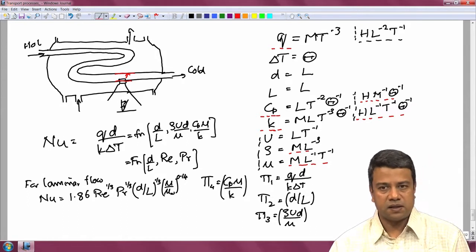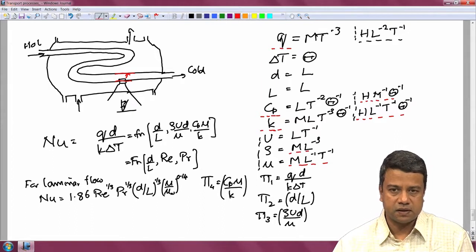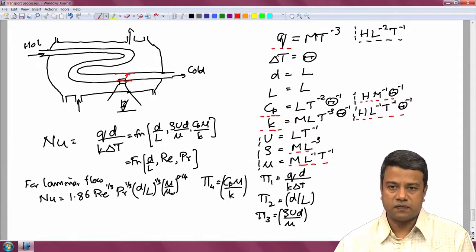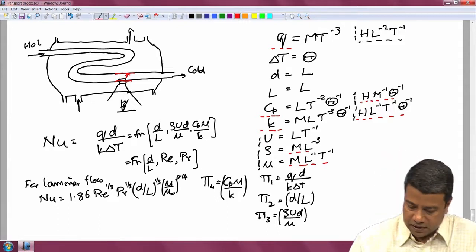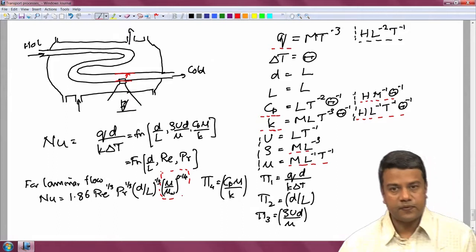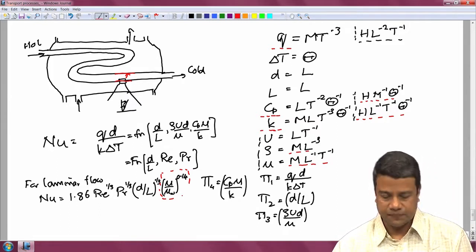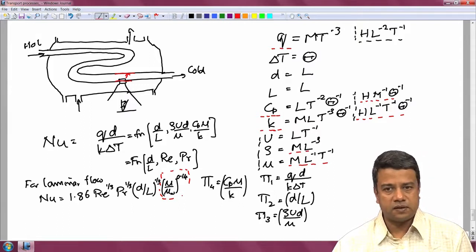It's higher if heat is conducted out, and it's lower if heat is conducted in. This affects the viscosity of the fluid and therefore the mechanical properties. And this factor, mu by mu W to the power 0.14, is added in order to take into account this variation in viscosity. This particular factor we shall not be concerned with during the remainder of this course.